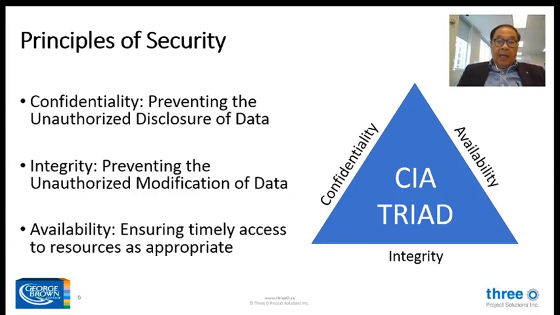And then the A is the availability. Often we can design all these processes and technologies so that people have to jump through hoops to get to the data and make it confidential, protected, and not easy to modify and whatnot. But we forget about the fact that if information is not readily available when needed by the authorized users, then it defeats the purpose, right?